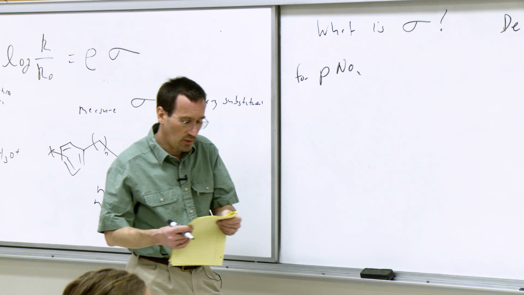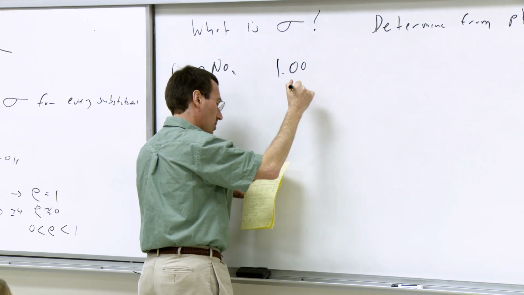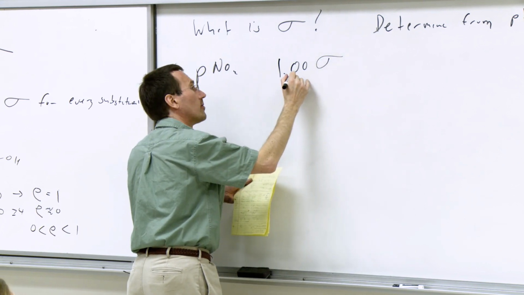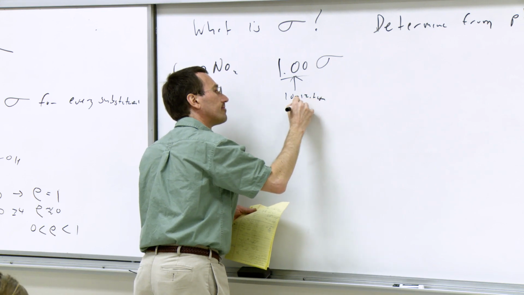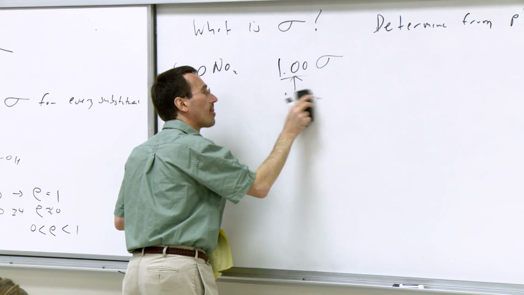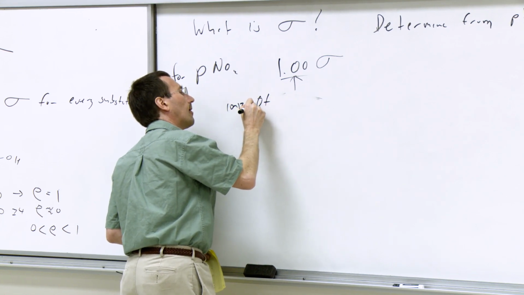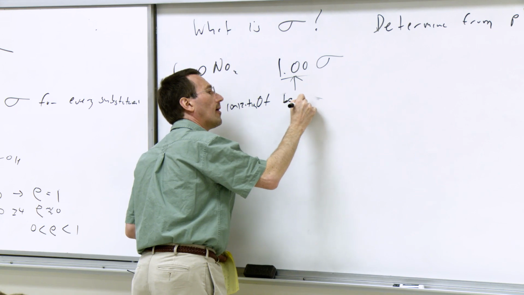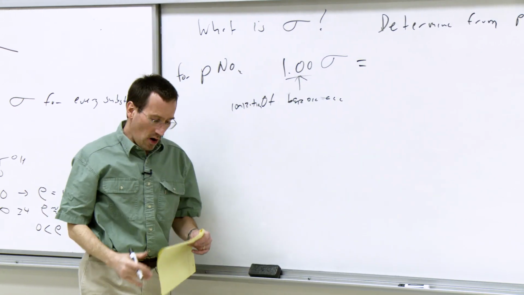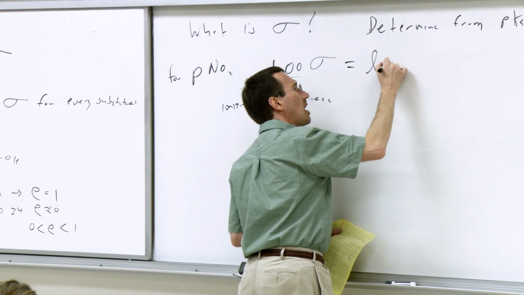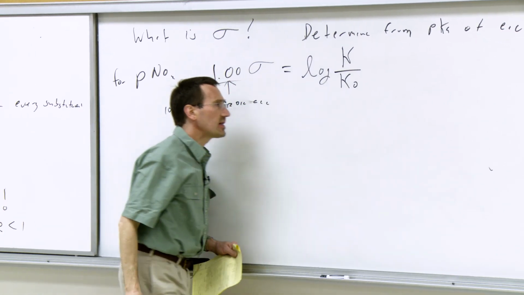We've defined it as 1. So for para nitro, 1.00 times sigma, the ionization of benzoic acid, equals log K divided by K naught.